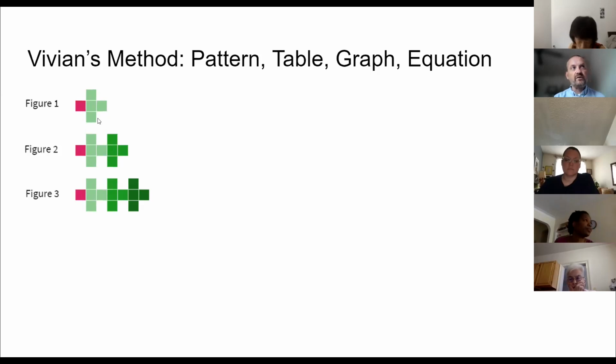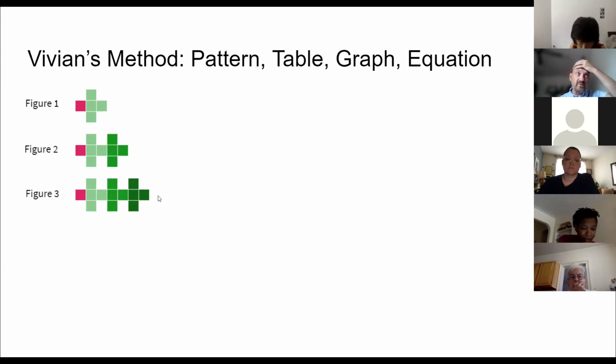In the first figure, she saw one red tile and then one group of 4 green tiles. And then in figure 2, she saw one red tile and 2 groups of 4 tiles. And then figure 3, one red tile and 3 groups of 4 tiles. And then she said, well, figure 4 is going to be one red tile and 4 groups of green tiles, right?